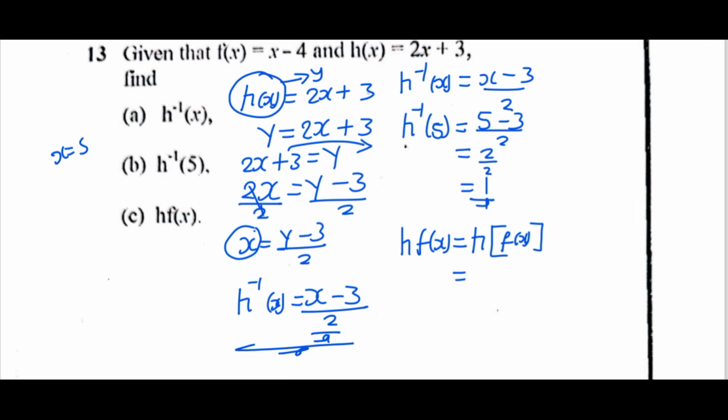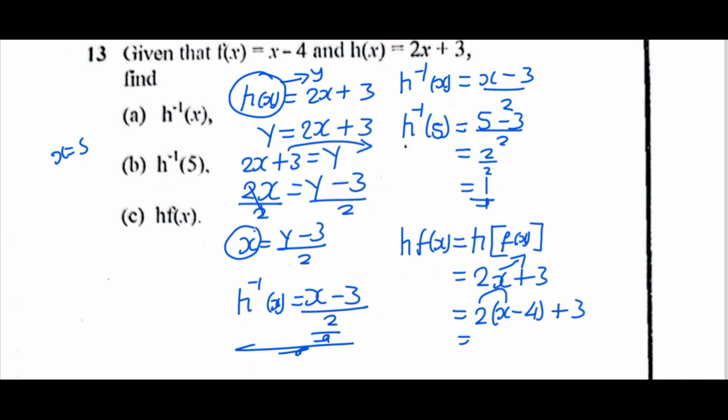We replace the x in the function h. The function h is 2x plus 3. Where there is x, we are going to put the function f of x. And we know that f of x is x minus 4, then plus 3.